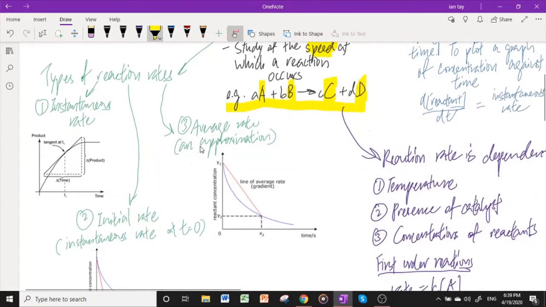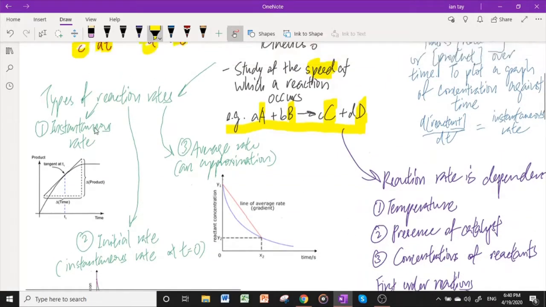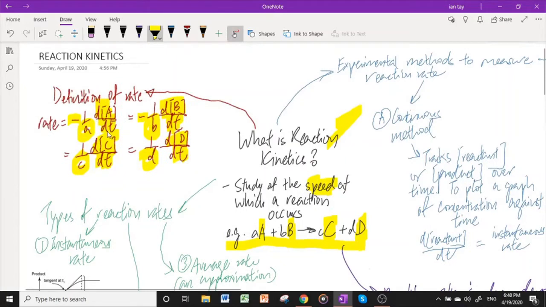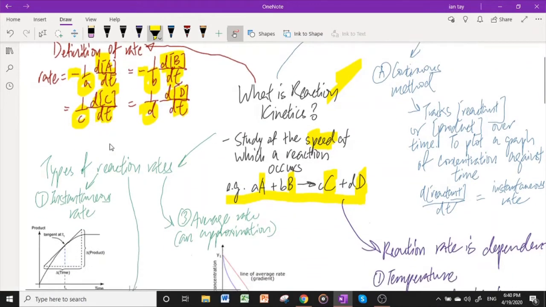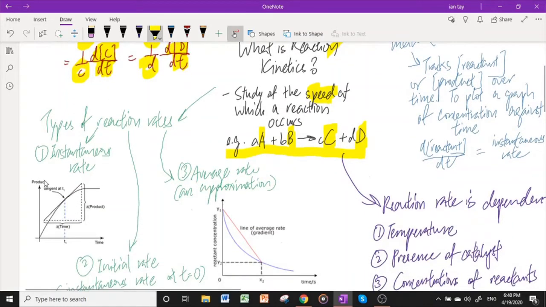So there are a few types of reaction rate, more specifically 3 types. The first type is the instantaneous rate. We know that rate is defined based on the derivative, right? The change in concentration of a certain species over dt. So it then follows that you can plot a graph of the concentration of a species, say a product, against time, and then draw a tangent, and we can find the instantaneous rate at that point in time t.